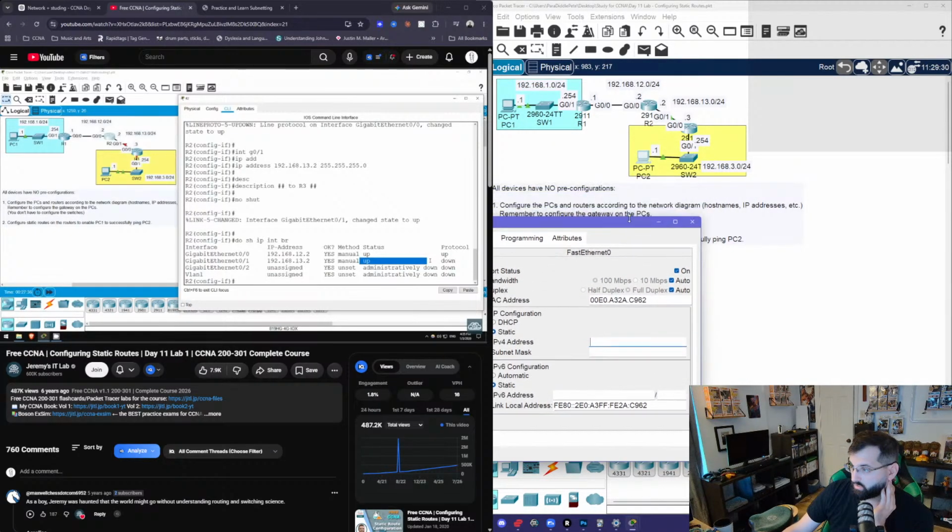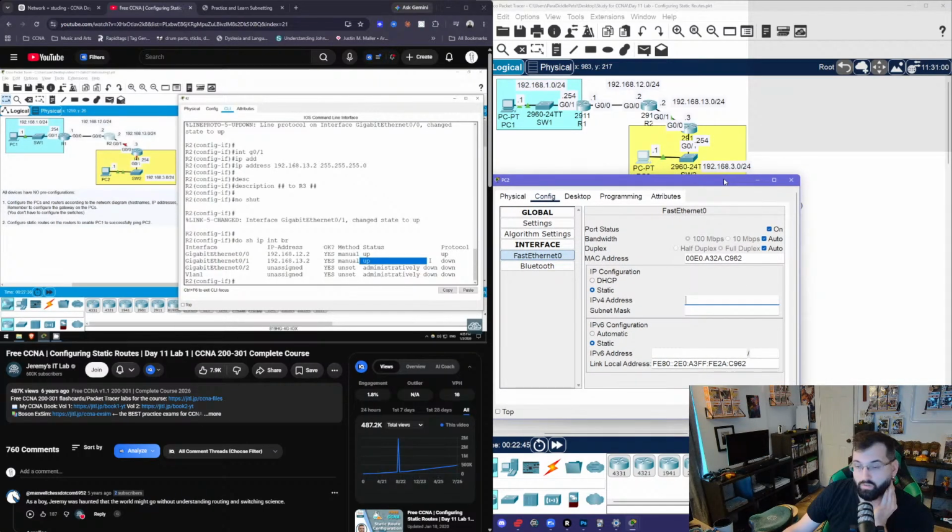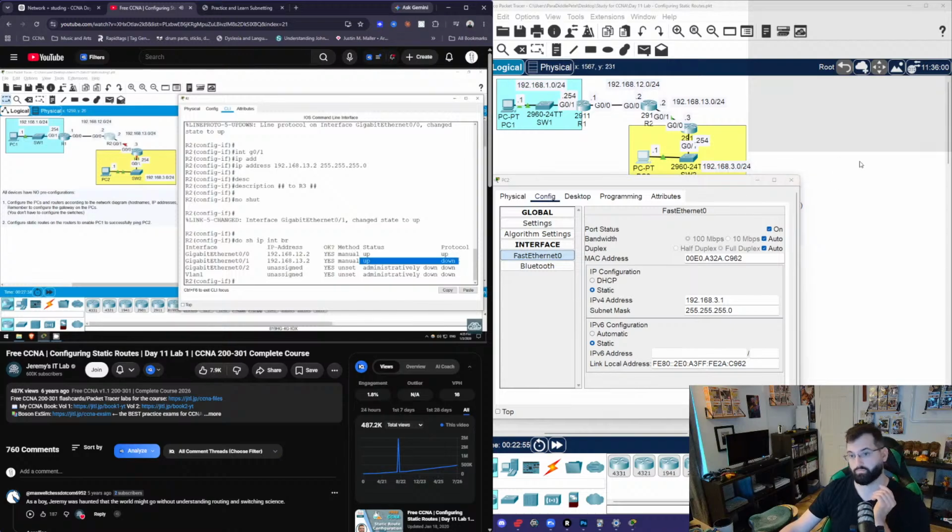Static IP address. So that's going to be 192.168.3.1. Yes. All right. R3's interface is still disabled, but the rest looks okay.